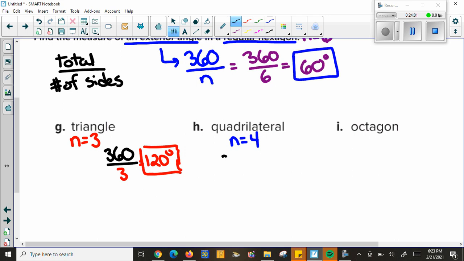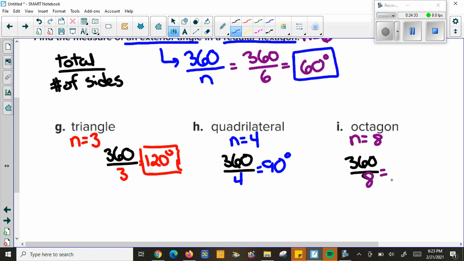So for an exterior angle, 360 divided by 4 is going to give me 90 degrees. For an octagon, n is once again 8. So 360 divided by 8 gives me 45 degrees.